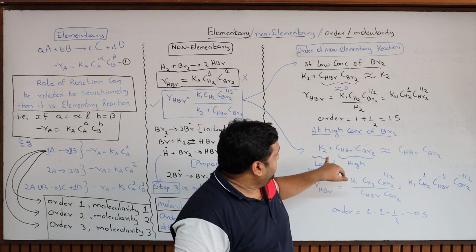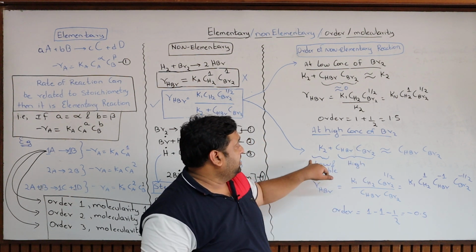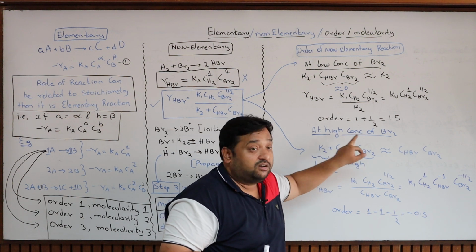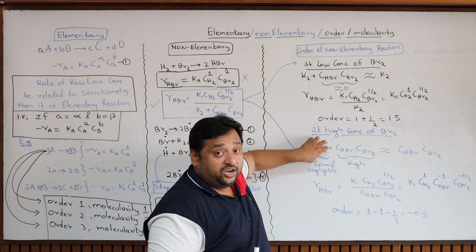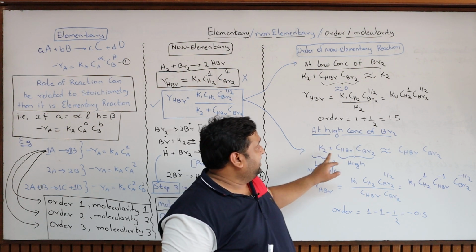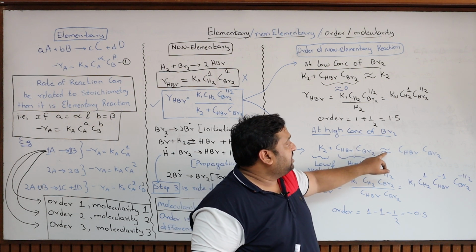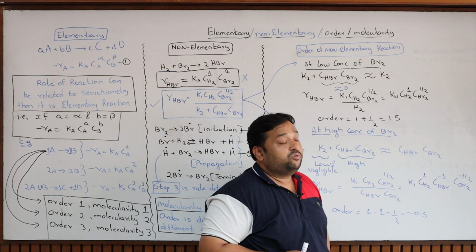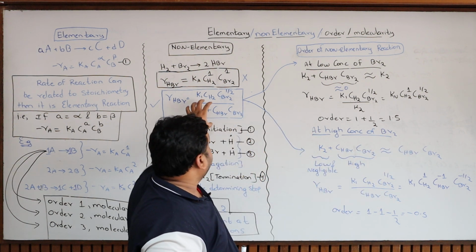That means compared to this term, K2 will be negligible. When such a case happens, you can neglect K2 now. So this entire denominator, K2 plus C_HBr times C_Br2, is close to C_HBr times C_Br2. Now put this denominator again in the rate expression.